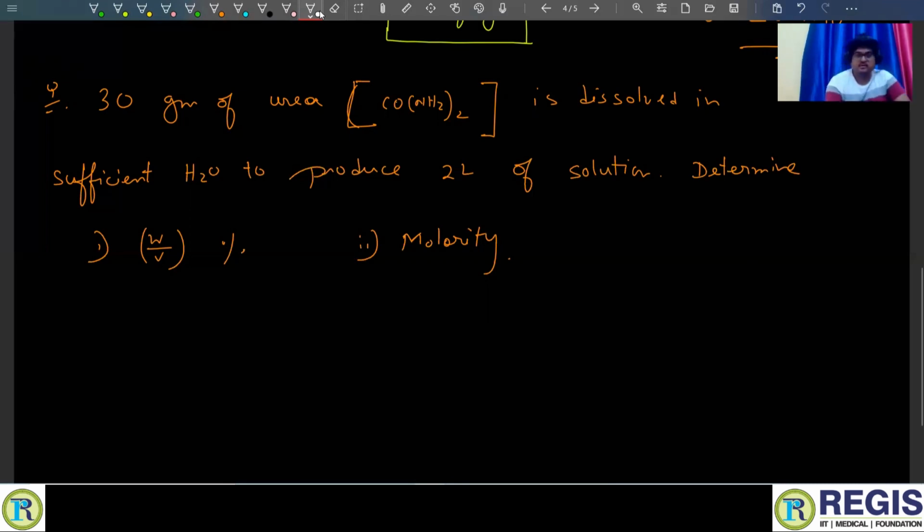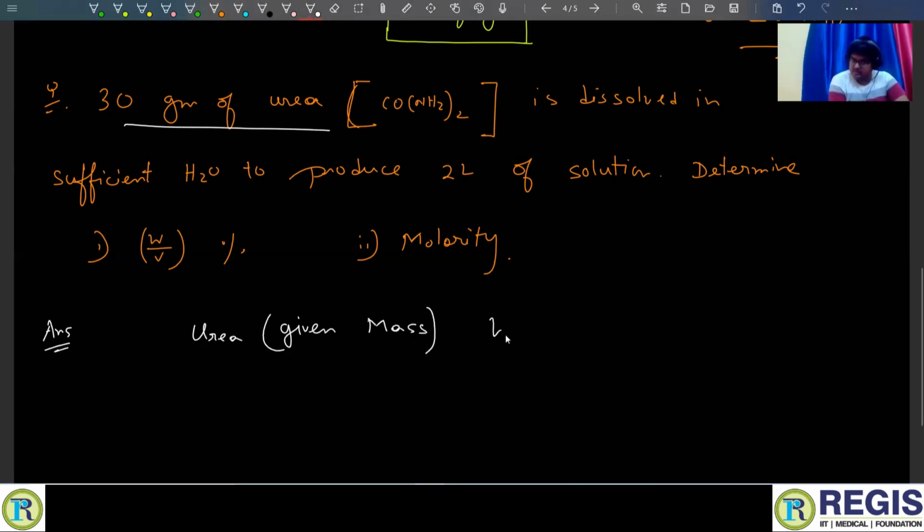Done. Now look, what is given? 30 gram of urea. That means given mass. In short, you can write weight of urea, which is 30 gram. Now, what will be the molar mass of urea?